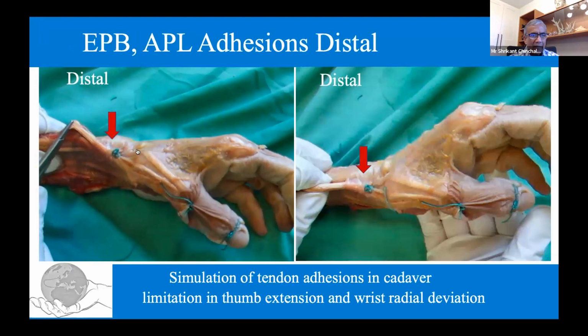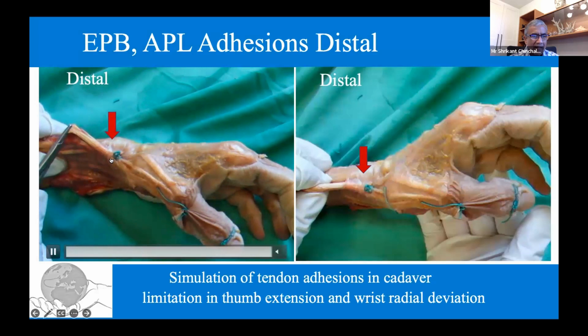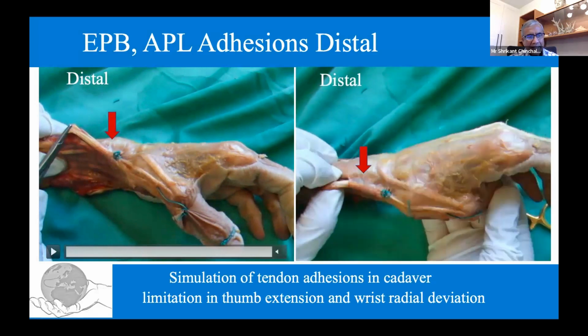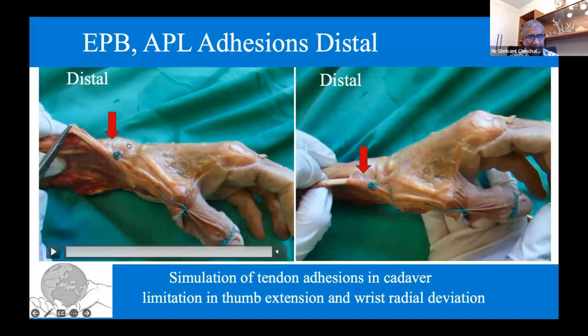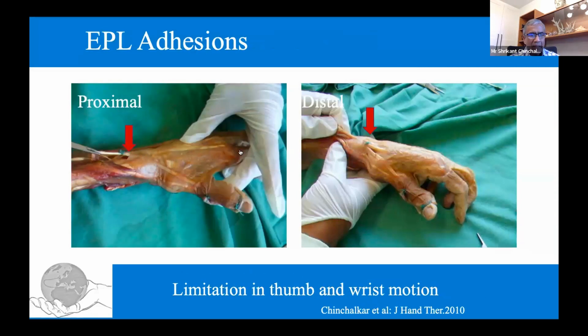Distally, if the patient had tendon adhesions, the tendons didn't glide through or beneath the extensor retinaculum. Extension of the CMC, MP, and IP was challenging, and the patient also had complaints of pain at this joint. So these simulations definitely helped in designing a treatment program differently.